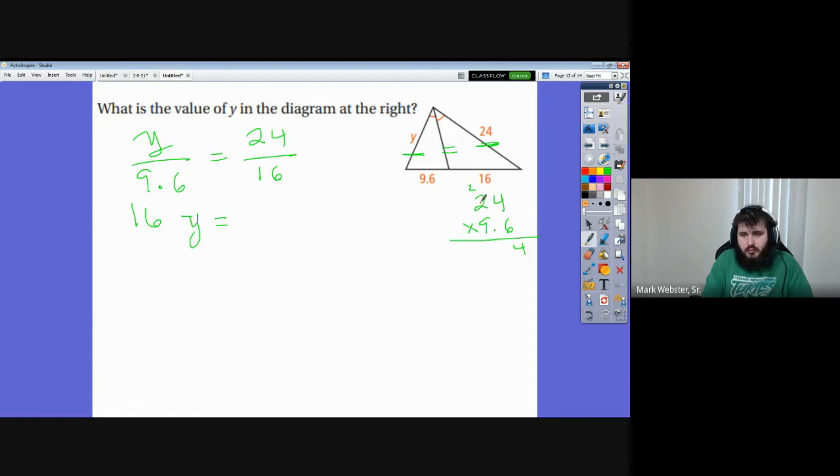24, 6 times 2 is 12, plus 2 is 14. Carry the 0. 9 times 4 is 36. 9 times 2 is 18, 19, 20, 21. And 1 decimal point.